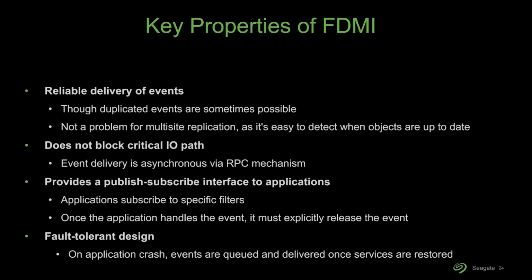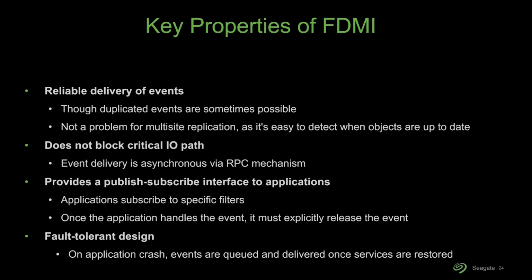Events are reliably delivered. The whole FDMI setup is tightly integrated with Motor's core, so there's persistent notifications. We make sure not to lose those notifications, and it's aware of transactions and all the distributed stuff that Motor is doing under the hood. So all the things are kept consistent.